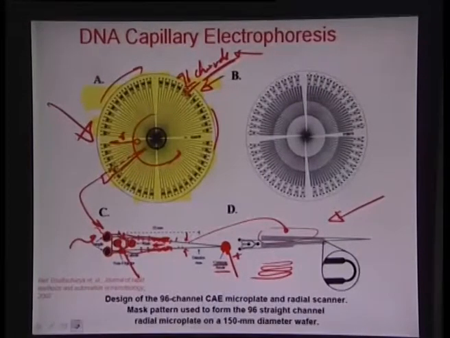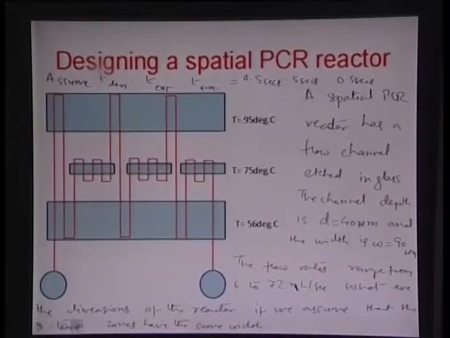So after doing this electrophoresis basics, I would like to turn your attention towards another very important aspect known as the design of a spatial or a space domain PCR reactor.